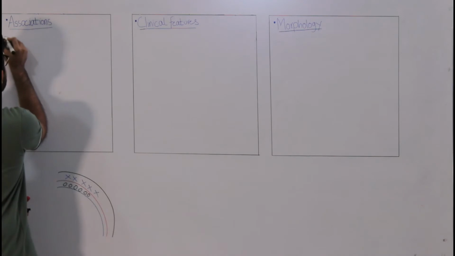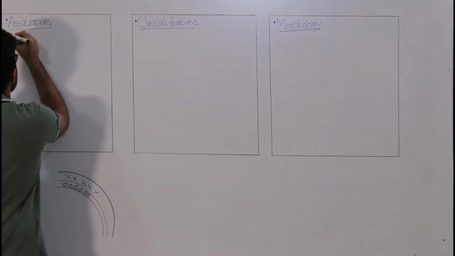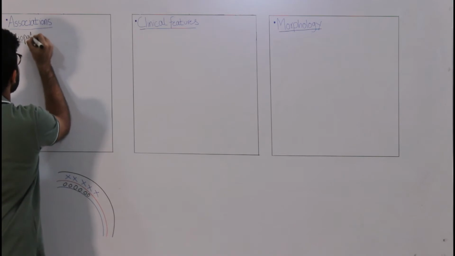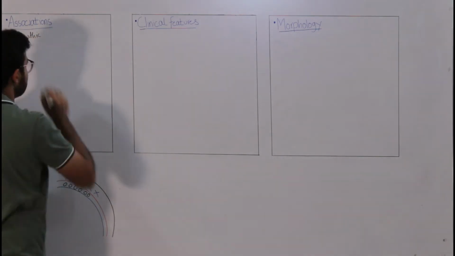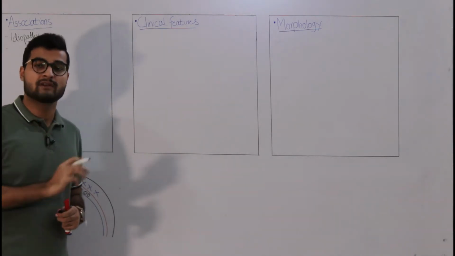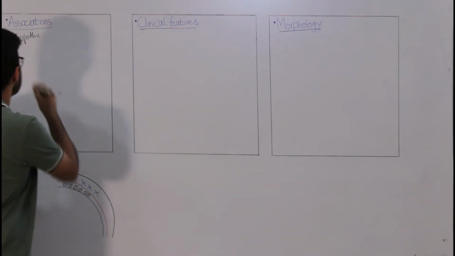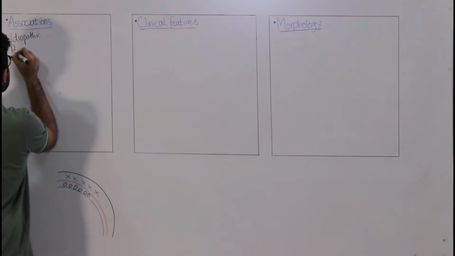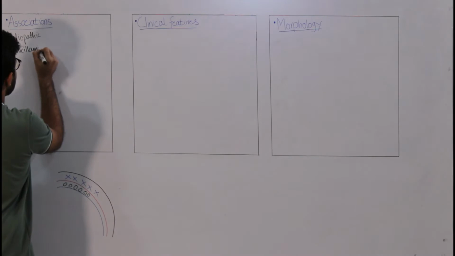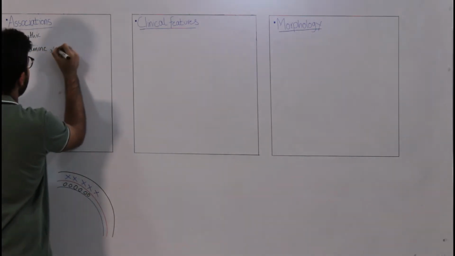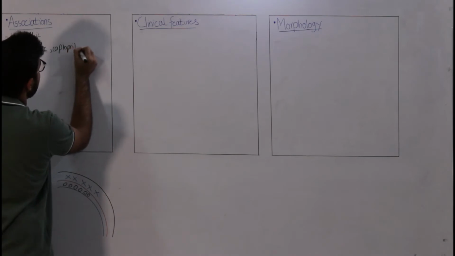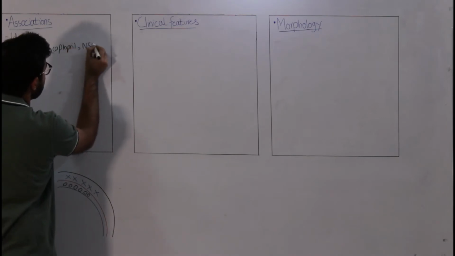So the first association would be idiopathic, right? So you could have the disease due to an unknown cause. So idiopathic is going to be the first thing. Apart from that, a few drugs can cause membranous nephropathy, such as your penicillamine, your ACE inhibitor, that is captopril, and NSAIDs can commonly cause membranous nephropathy.